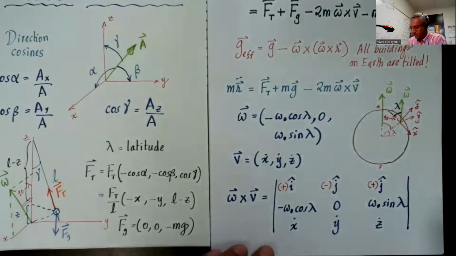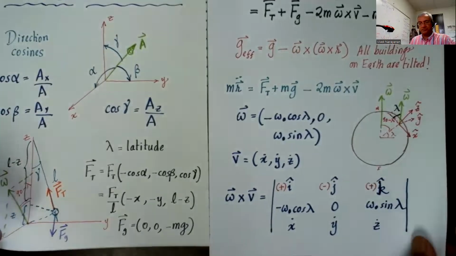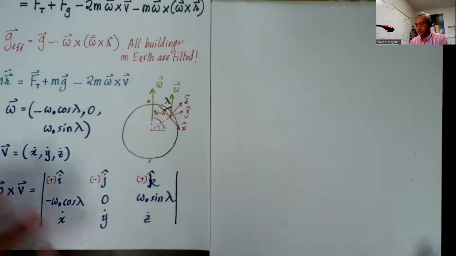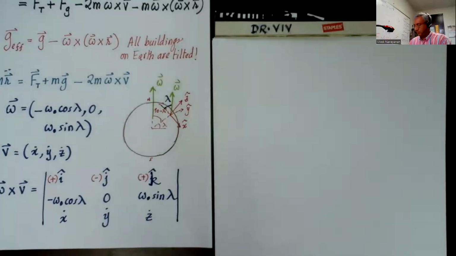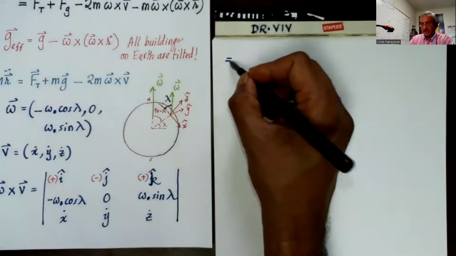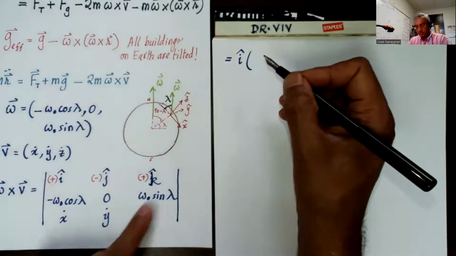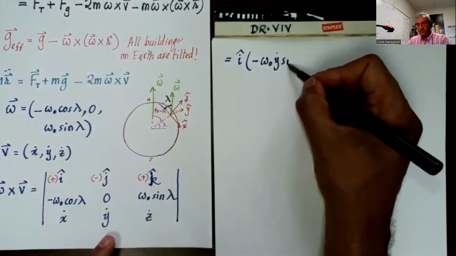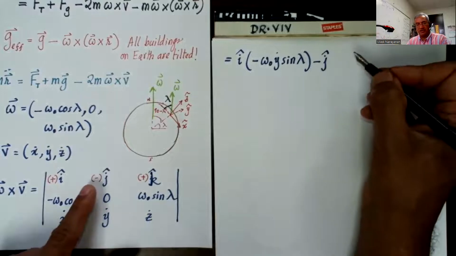Excuse me, that is k hat. So I get i hat times negative omega naught y dot sine lambda, minus j hat, because of that minus sign.